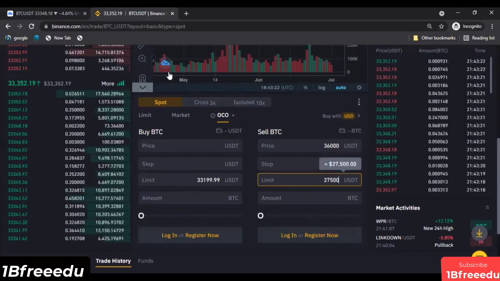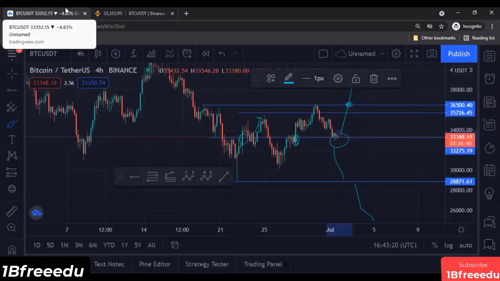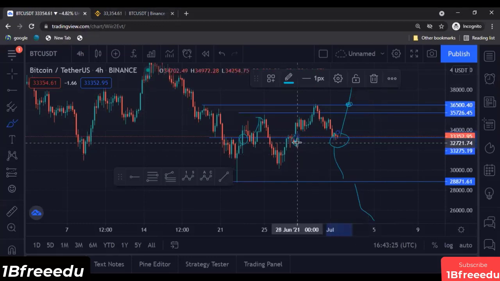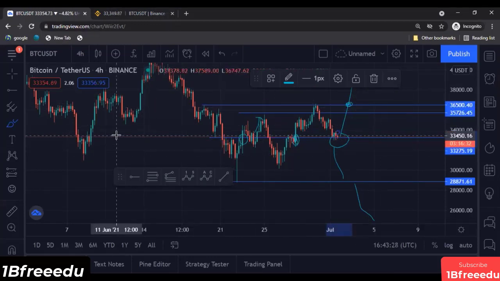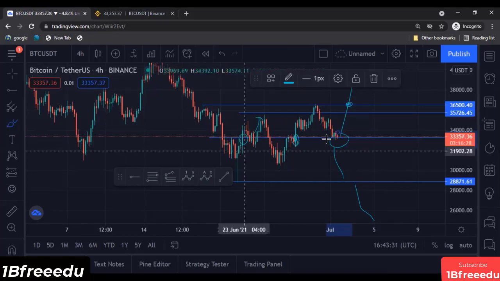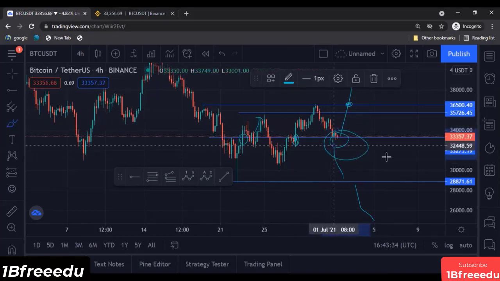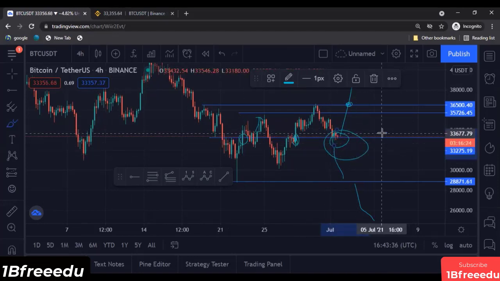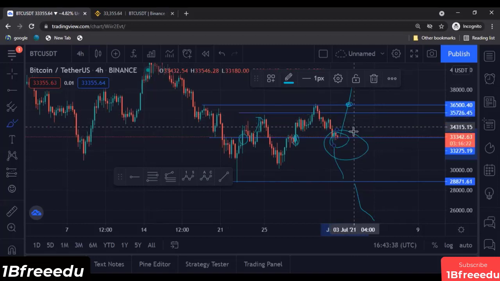However, there is another important use case of this OCO. Let's suppose you have bought it at the current price of 33,355, and now the BTC rose all the way up to, let's say, 36,500.